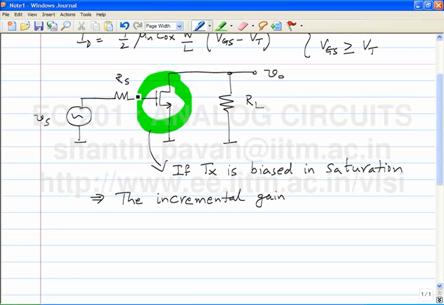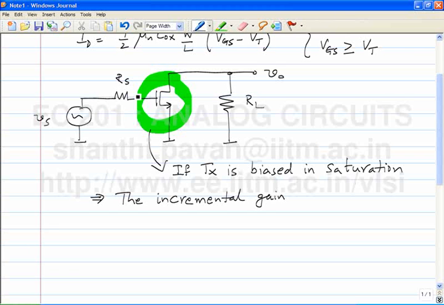So now what is the operating point of the transistor? What defines the operating point of the transistor? When I say the operating point of a transistor, what do I mean? VGS and VDS. Okay, what is VGS? Please note that VS is a small signal source.